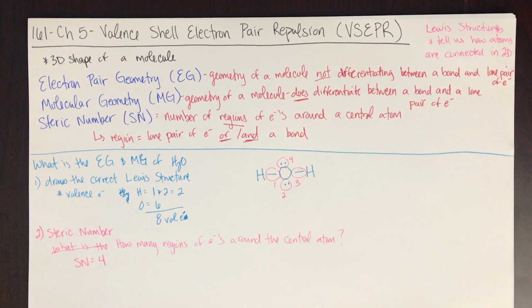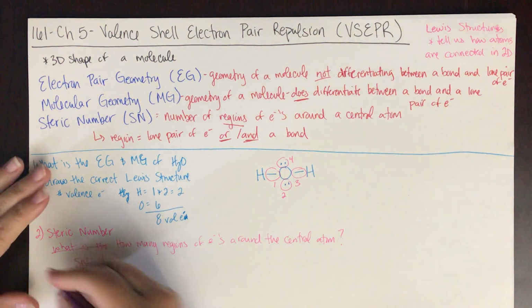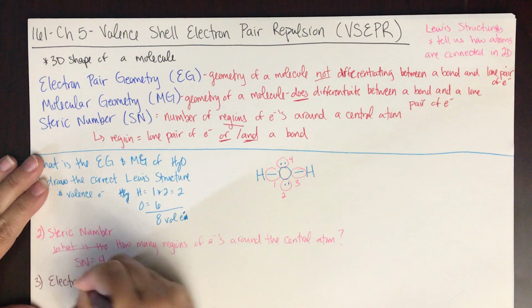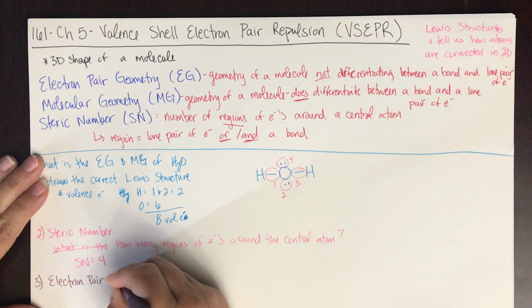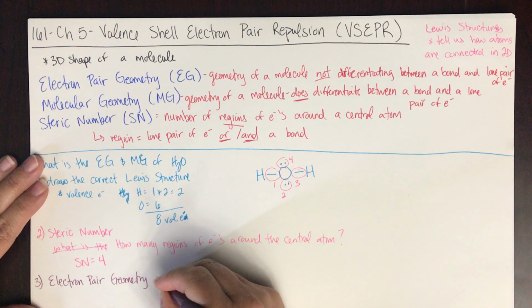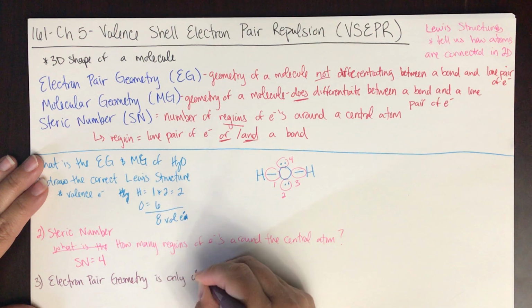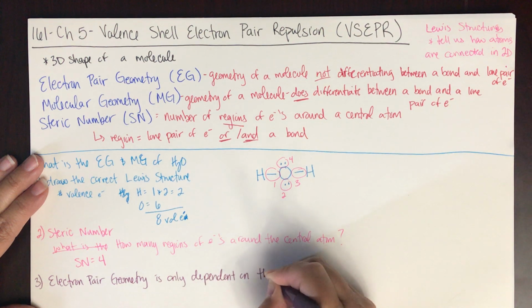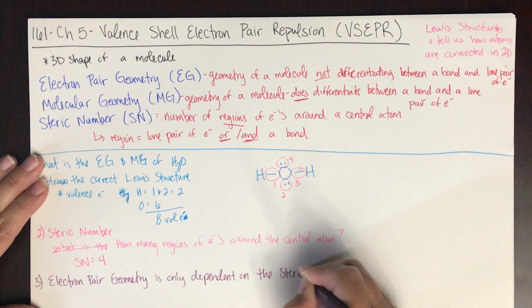All we need is the steric number to determine the electron pair geometry. Electron pair geometry is only dependent on the steric number.